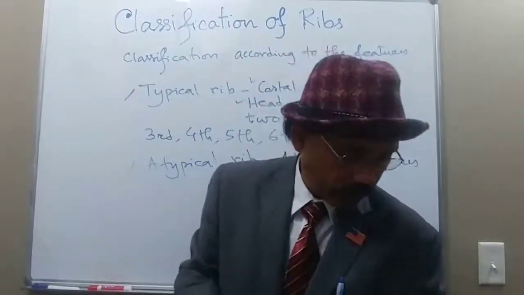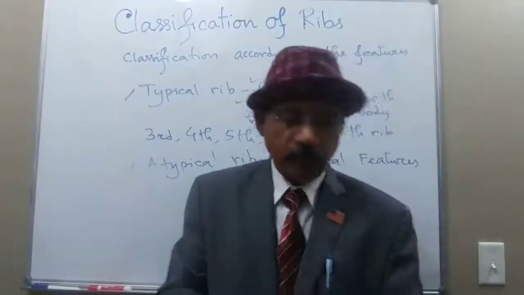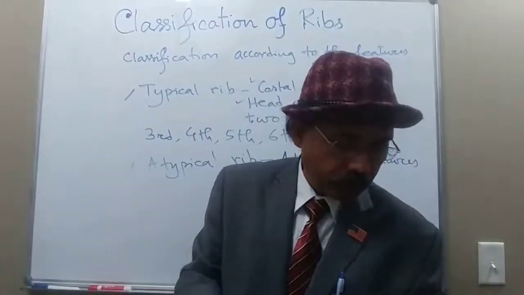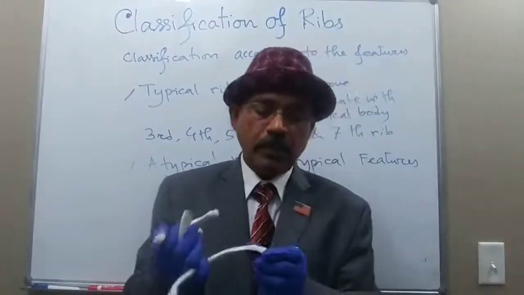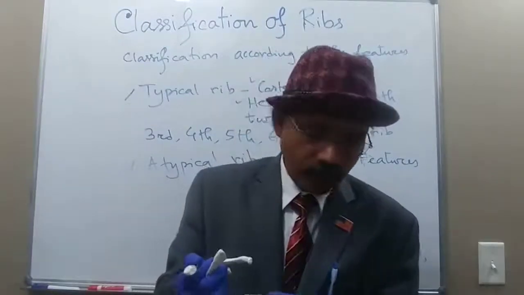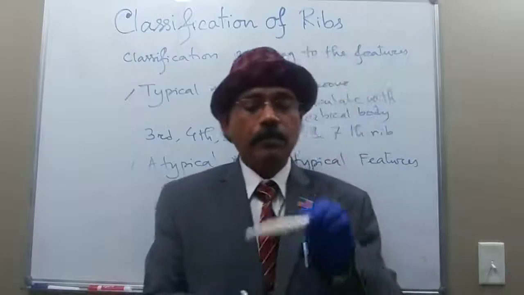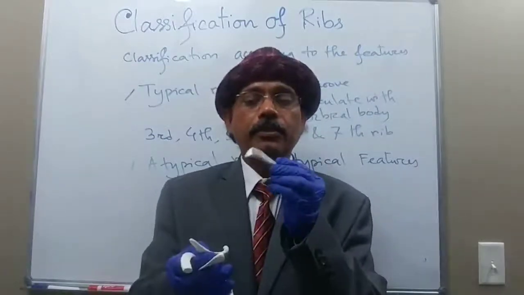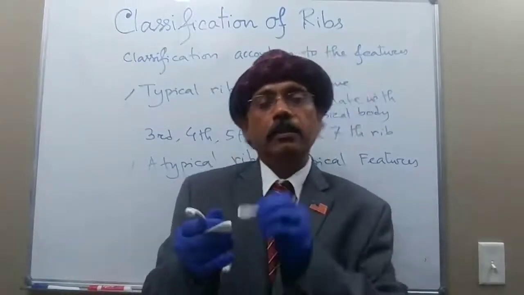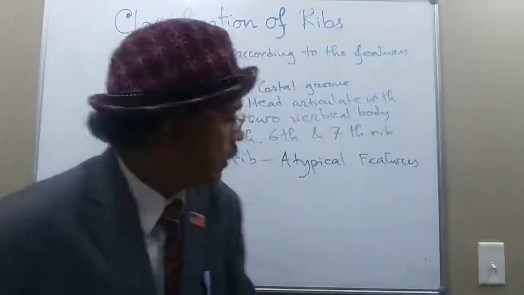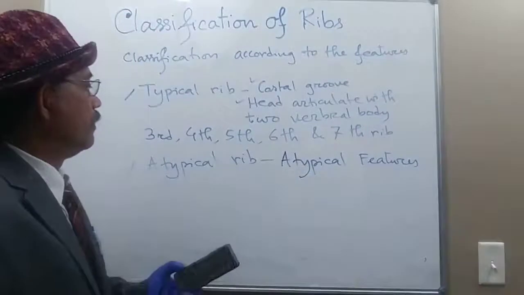We have the second rib. Okay, second rib, atypical feature. We have the 10th rib here, atypical feature. Then we have the 11th rib, atypical feature, and the 12th rib. Okay, so we got the atypical ribs.